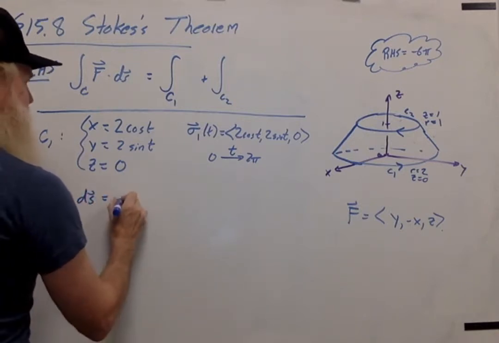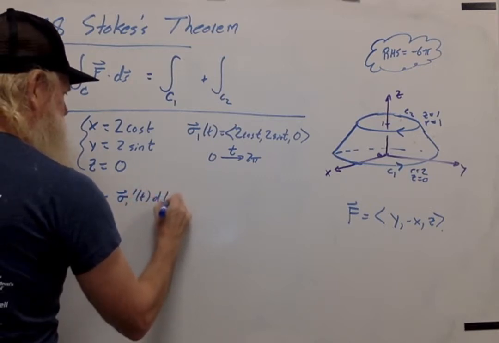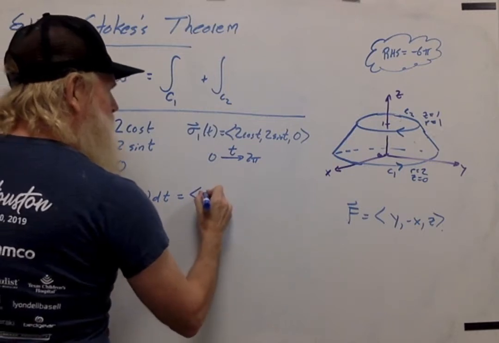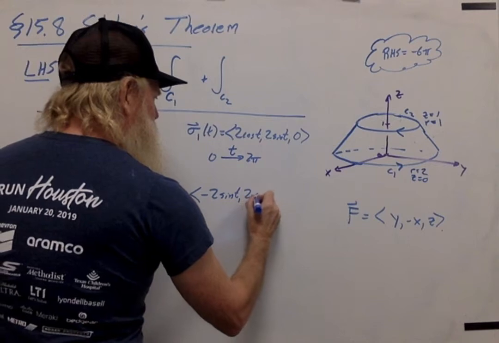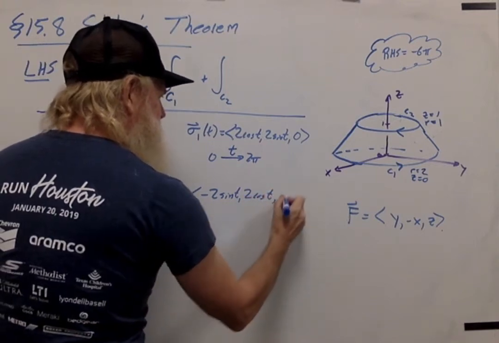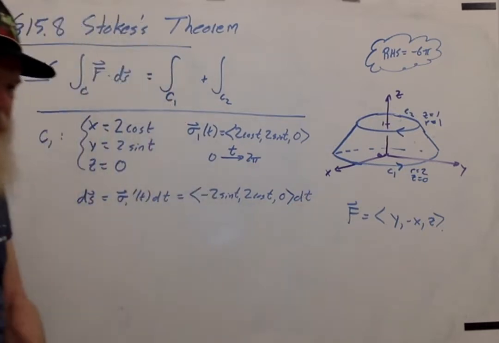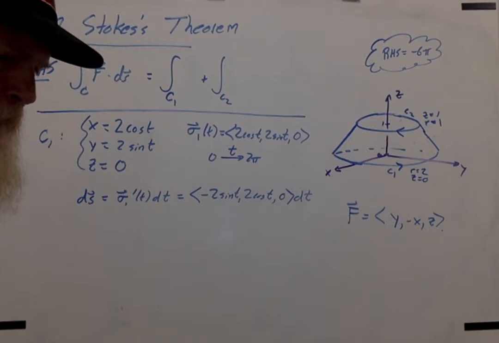Since this little vector ds is simply sigma prime of t dt, taking the derivative, we'll have negative 2 sine t, 2 cosine t, and 0 dt. So that's my formula for sigma prime, or for ds.